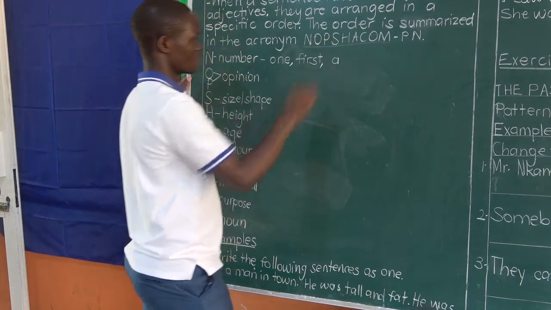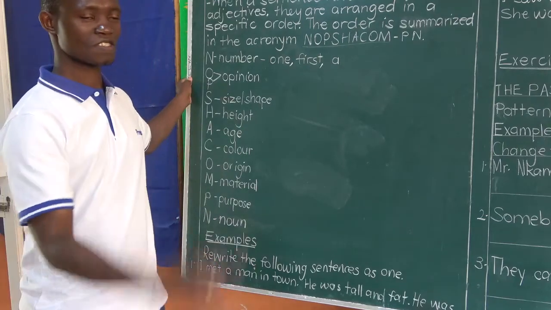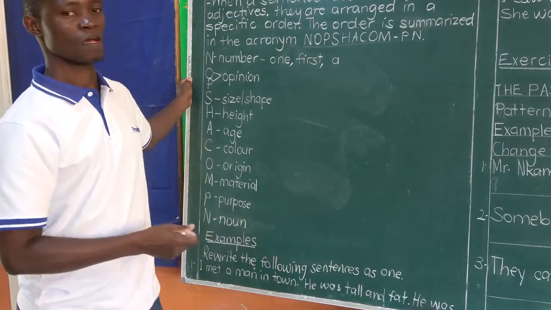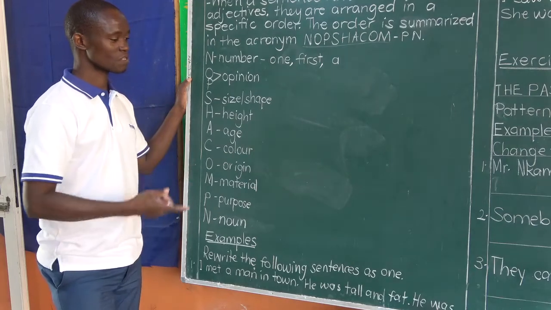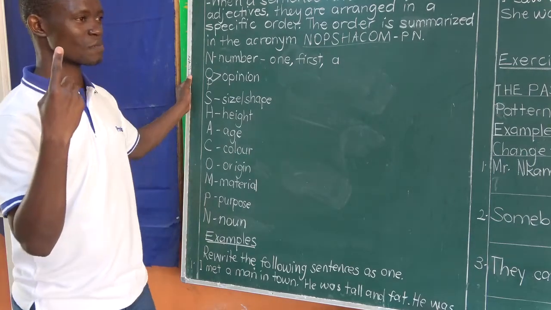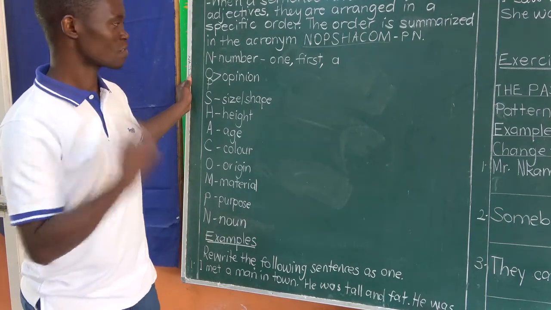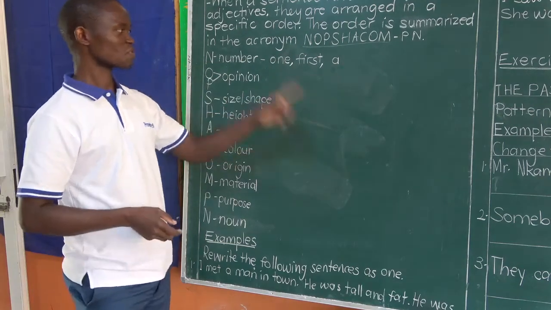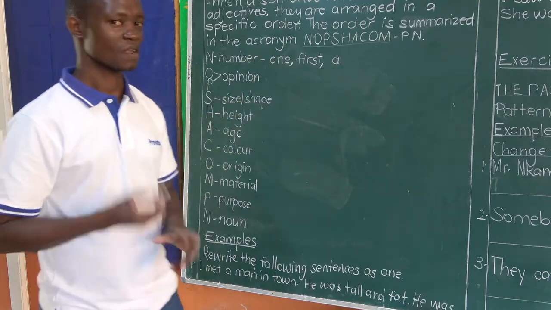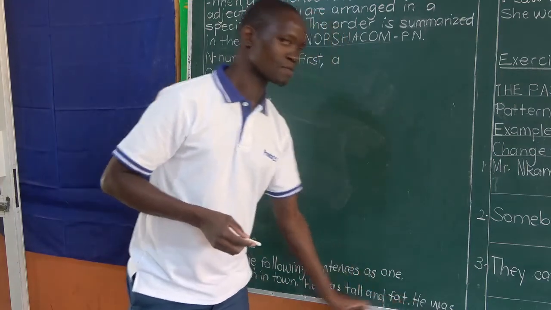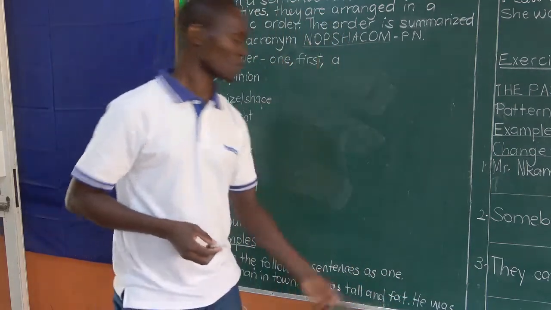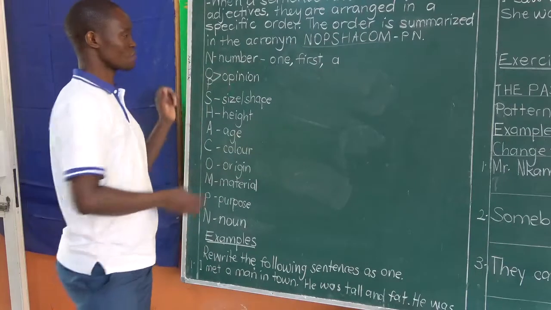Article A. People didn't know that article A represents number 1. Article A shows you 1. If I say a hundred people, that is 100 people, meaning A is similar to 1. I want a duster. Meaning I need only 1. So a duster means the same as 1 duster.